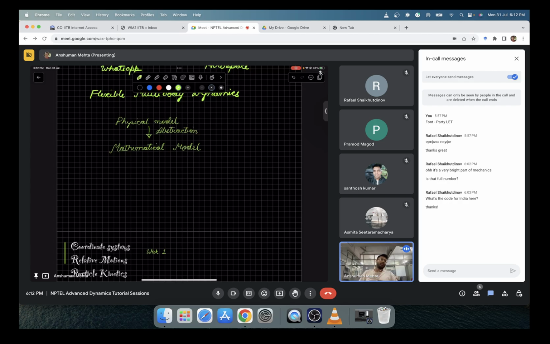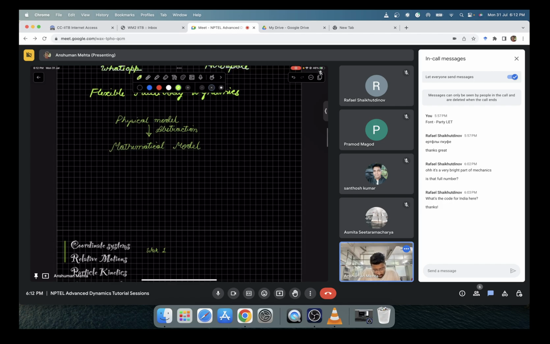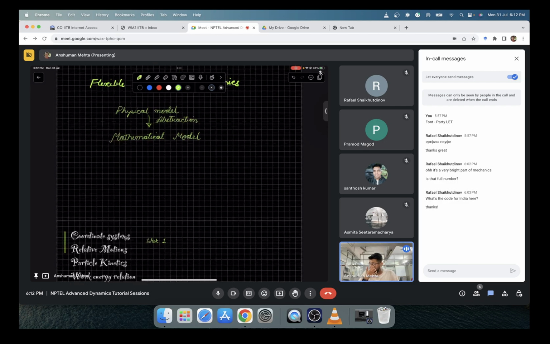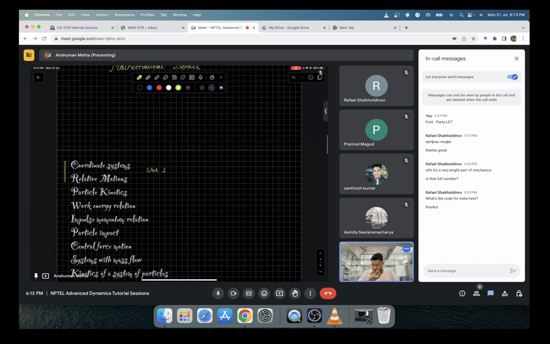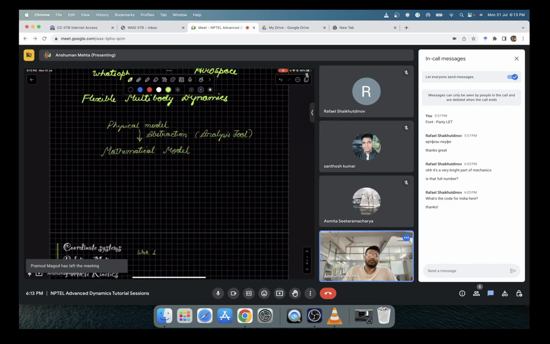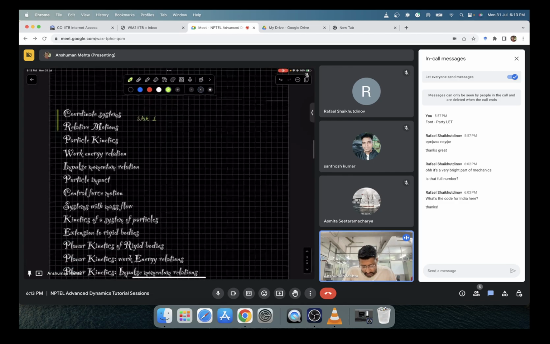Here we try to use physics and model the system into mathematical equations. It depends on what degree of analysis we want to do, so it's an analysis tool. Everything starts with making a reference system. So here we will talk about reference systems first.